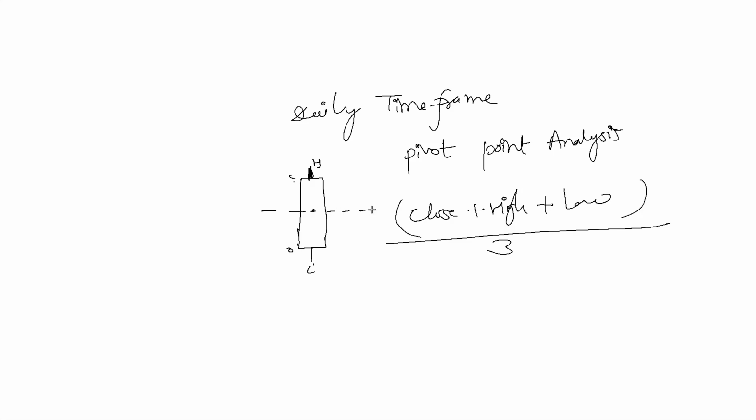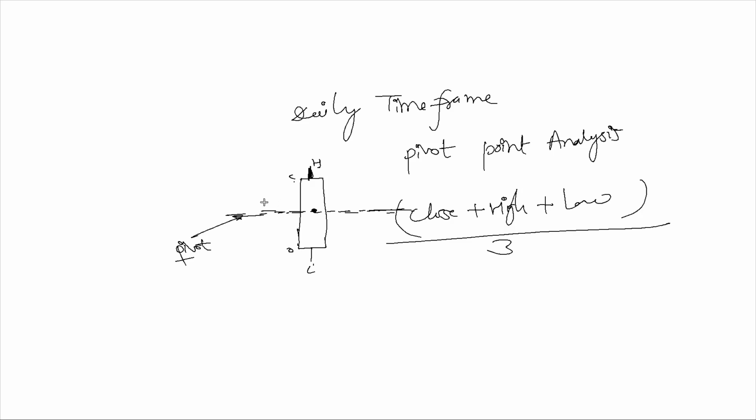Okay, now from this median line or main point, whatever you want to call it, this is our pivot. Okay, this is our pivot line. Now from this point onwards, we calculate the below pivot and above pivot.